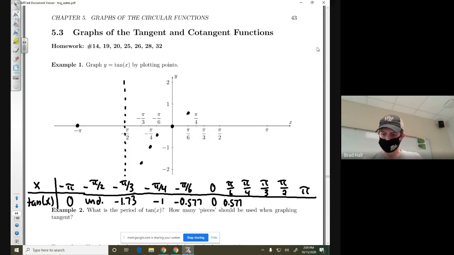Pi over 4, we get 1. Pi over 3, 1.73, so that'll be closer to 2, but not quite a 2. And then pi over 2 gives undefined.